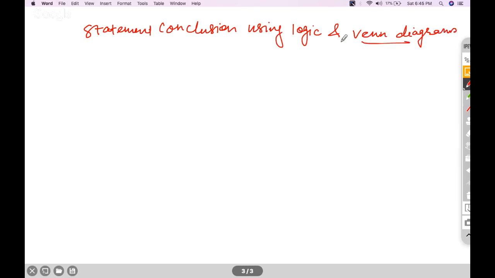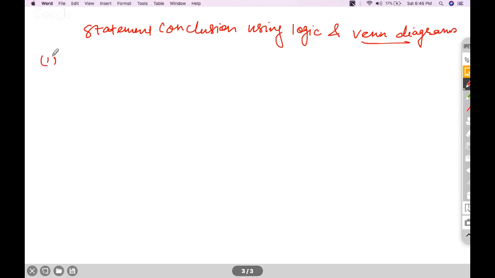So what happens here is that I have a few statements given in front of me, and from those statements I try to find some kind of conclusion. This can be understood by a few examples, something like this.